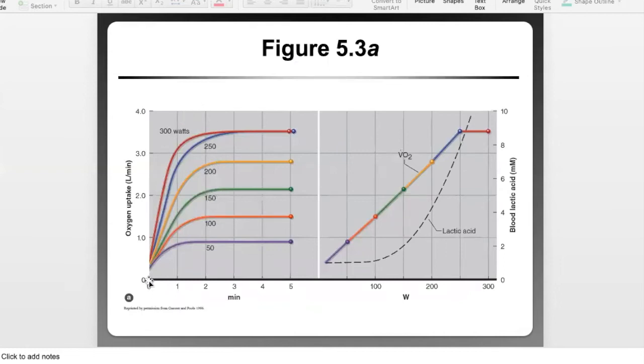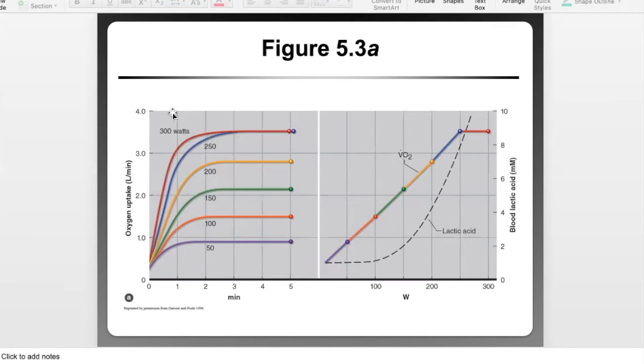You'll notice as this individual goes for longer and longer, the intensity of the exercise, in watts, is represented by the height of the graph. And you'll notice that the more intense the exercise is, the more oxygen is required to do that particular bout of activity.